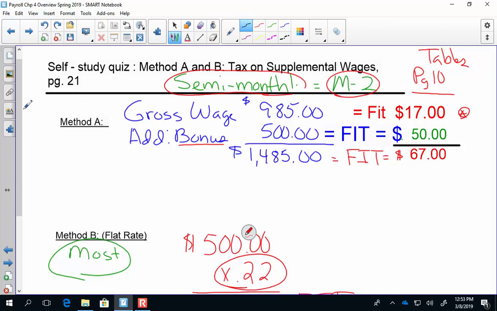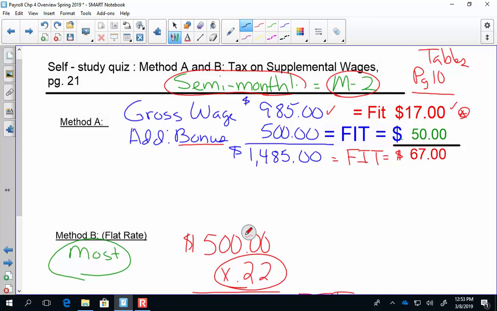So in method A, we basically figure out the federal withholding as if we didn't have the bonus, in this case $985. This person is married in 2, paid semi-monthly, so we have $17 on the $985 wage amount. Well, what would the tax be for a normal pay period with the bonus?